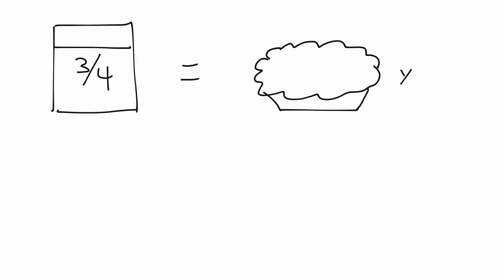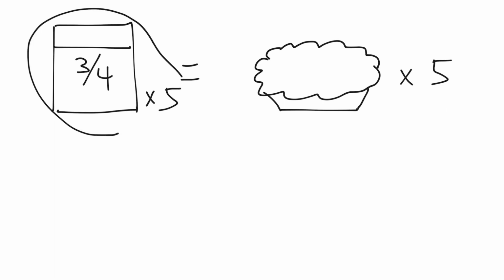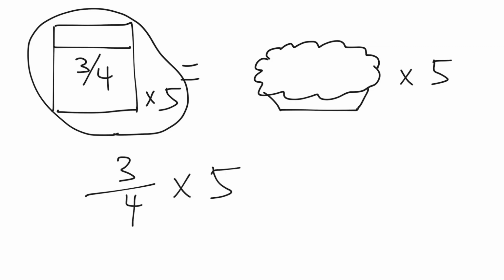Now if we want to make 5 apple pies, that means we also need to have 5 times as much sugar. So here is the setup. 3/4 times 5.